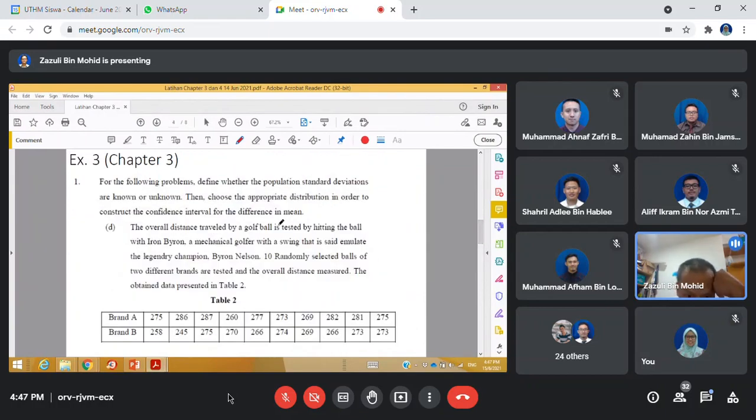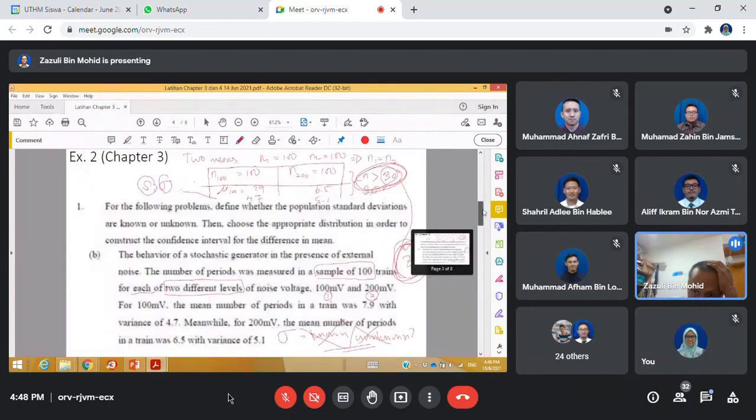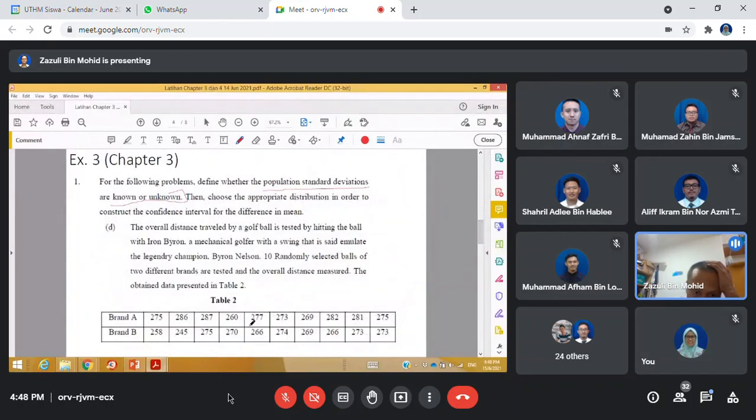Jadi dalam sini kamu ada, sini ada lagi satu soalan. For the following problem, define whether population standard deviation are known or unknown. Then choose the appropriate distribution in order to construct the confidence interval for the difference between means. Benda dia sama soalan ni macam ini. Tapi sekarang ni dia bagi data lah, ada data ni.